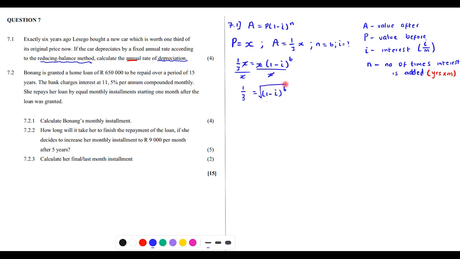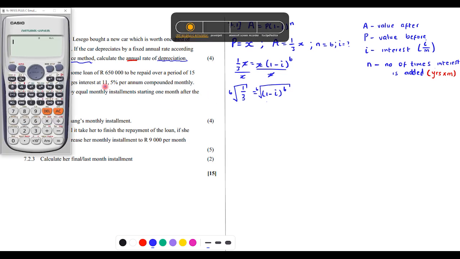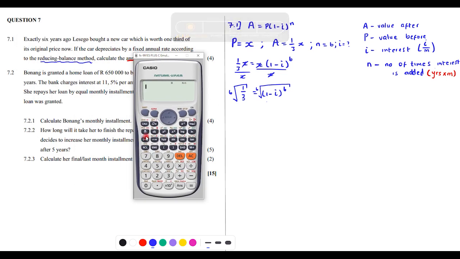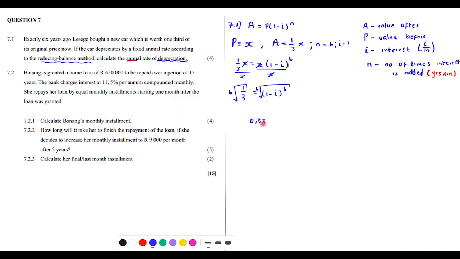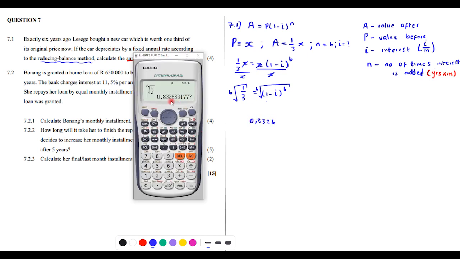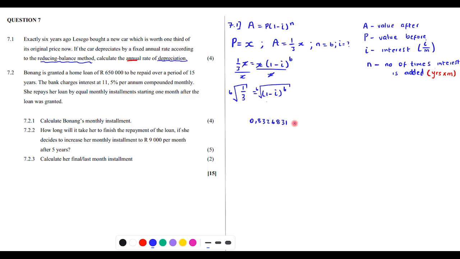And then the 6th root of that, let's get the calculator. The 6th root of 1/3 is going to be 0,8326 and so on, and then the other side is going to be 1 minus I.